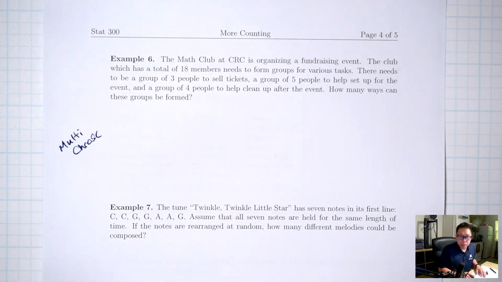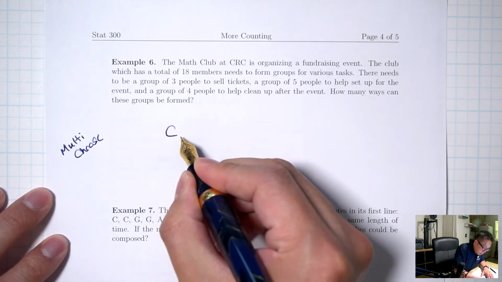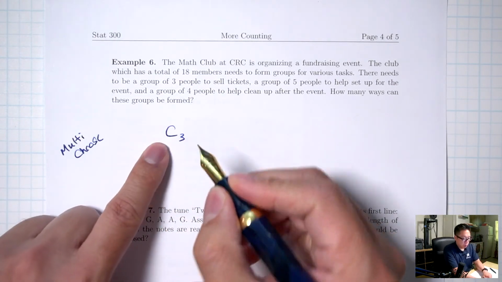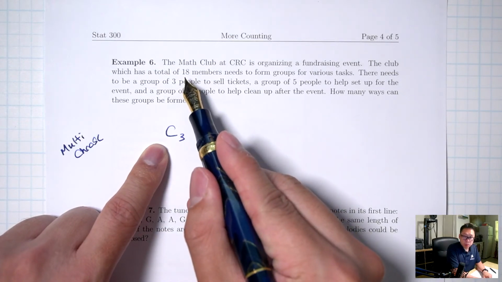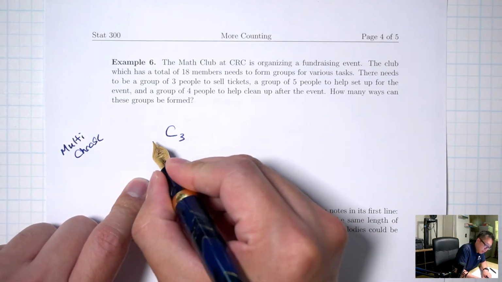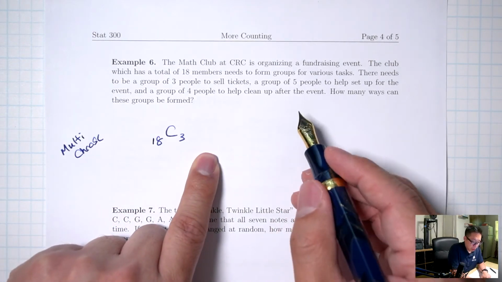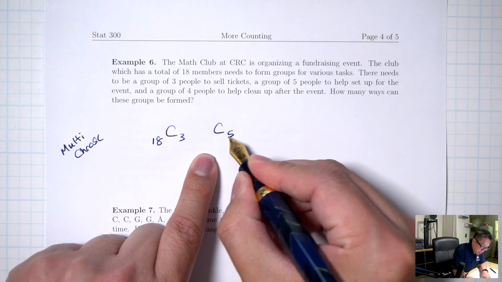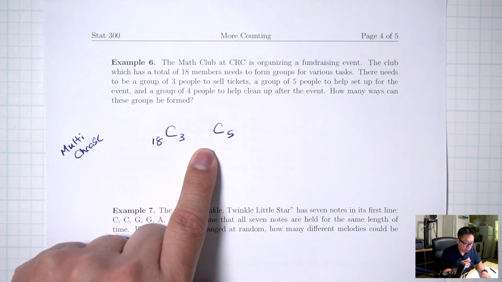Okay, so first thing we need to do is pick the 3 people to sell tickets. So you're choosing 3 people from a total of how many? There's 18 members total, so from a total of 18. And then you're picking the 5 people to help set up from a total of how many? So here you have to be careful, right?